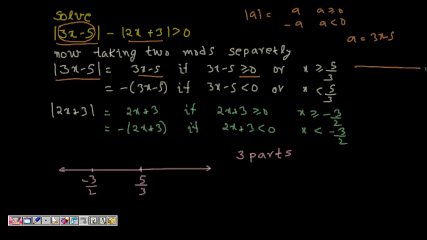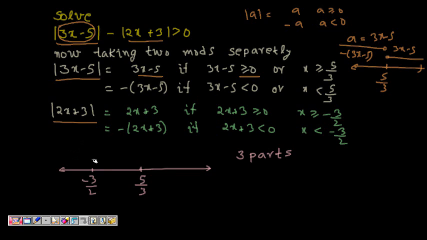Okay, so on the number line, if we have 5 by 3, on this side we have mod 3x minus 5 is 3x minus 5, but on this side we have mod 3x minus 5 equal to minus 3x minus 5. Okay, so we now know the definition for which part of the number line we should write this, and for which part we should write minus 3x minus 5.